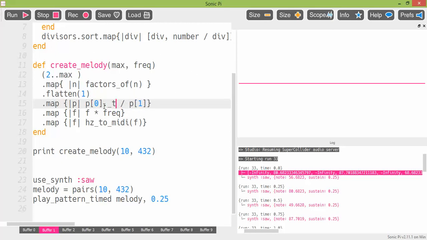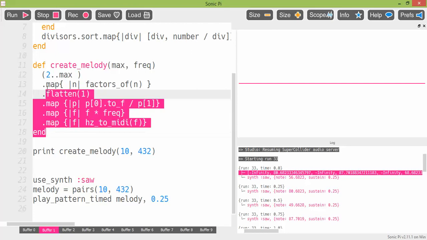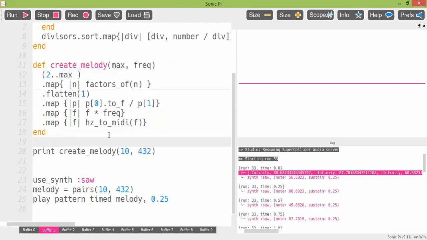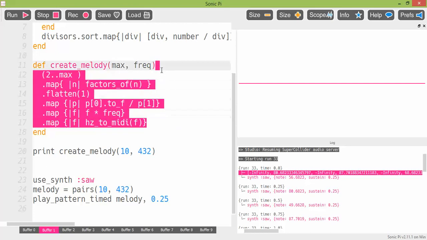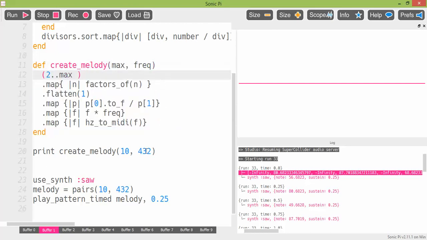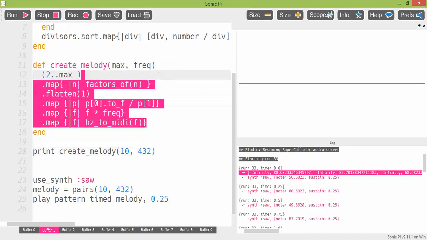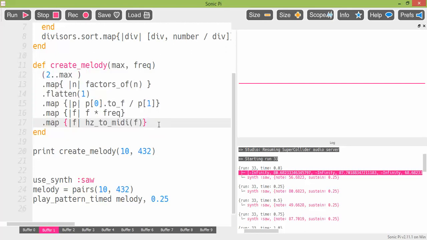I'm still going to put this back because it feels more correct. Hopefully it makes sense what's happening here. To summarize: we're multiplying the root frequency by a bunch of different simple whole number ratios, which is what makes things sound good a lot of the time.